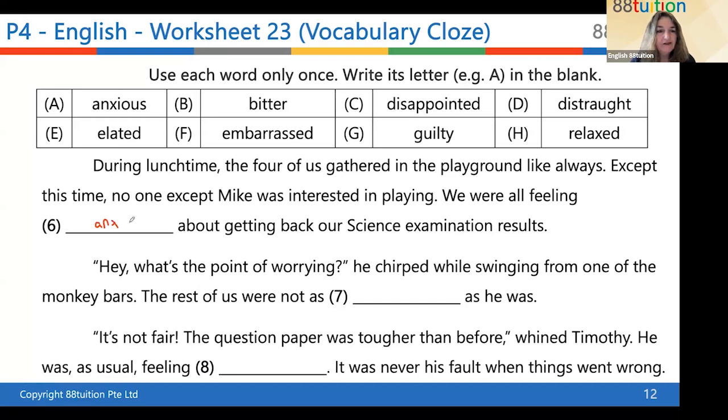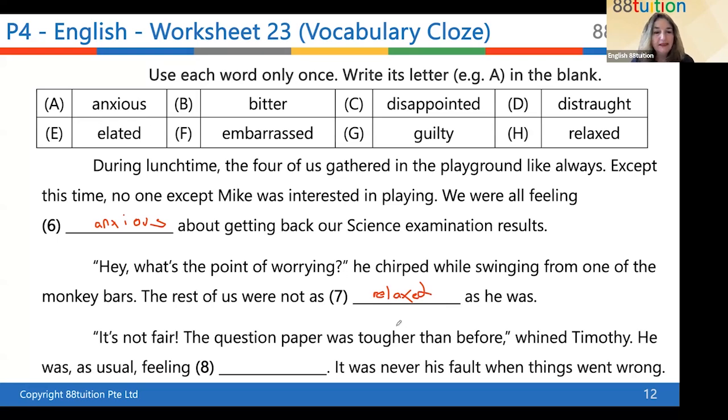Okay. The rest of us were not as relaxed. Are you sure? How do you know he was relaxed? Well, because he was like calm. Yes. Right. So he was swinging on the monkey bars, like he really doesn't care about exam results. Yeah. Okay. Great. Thank you very much.